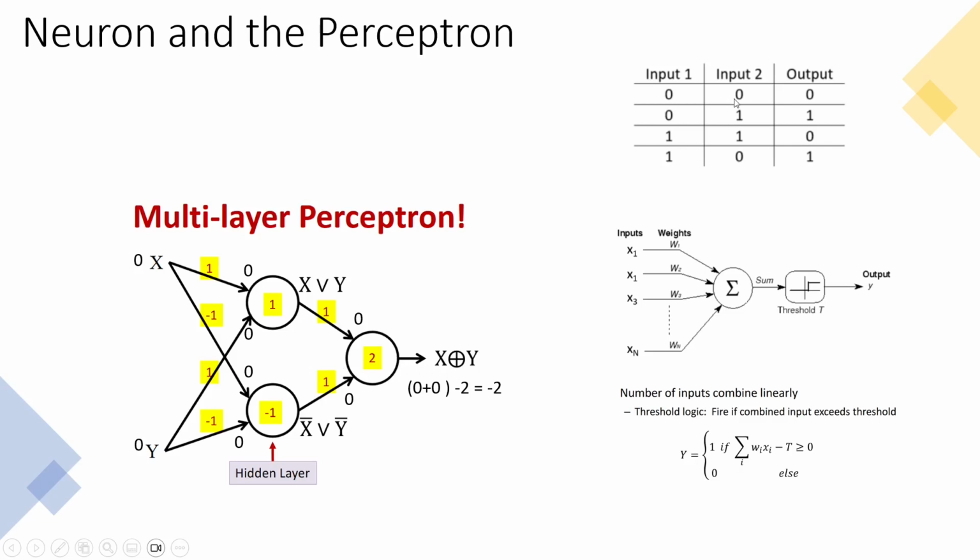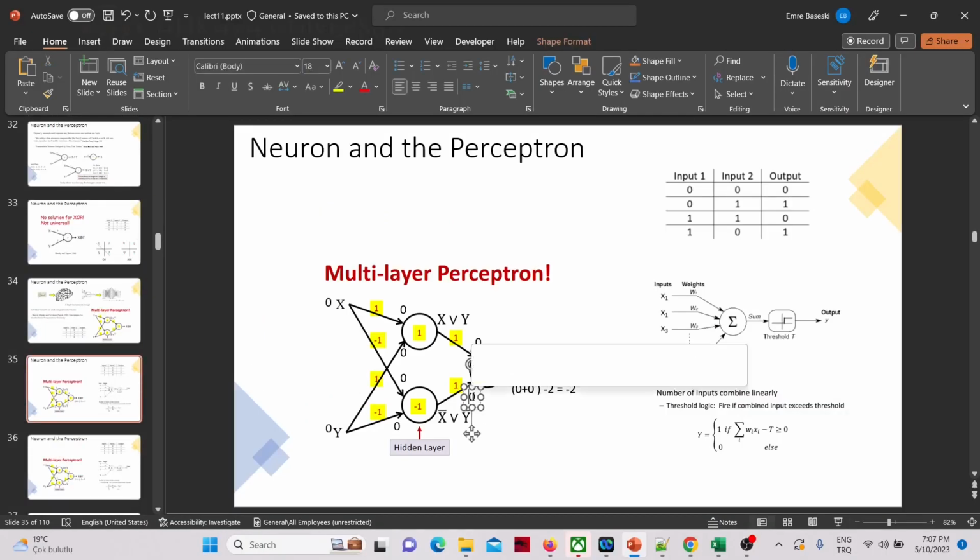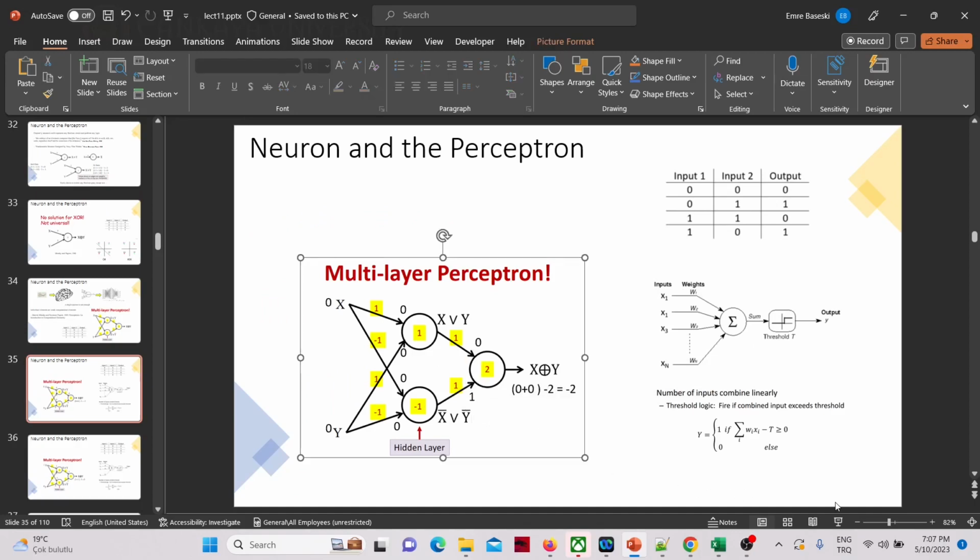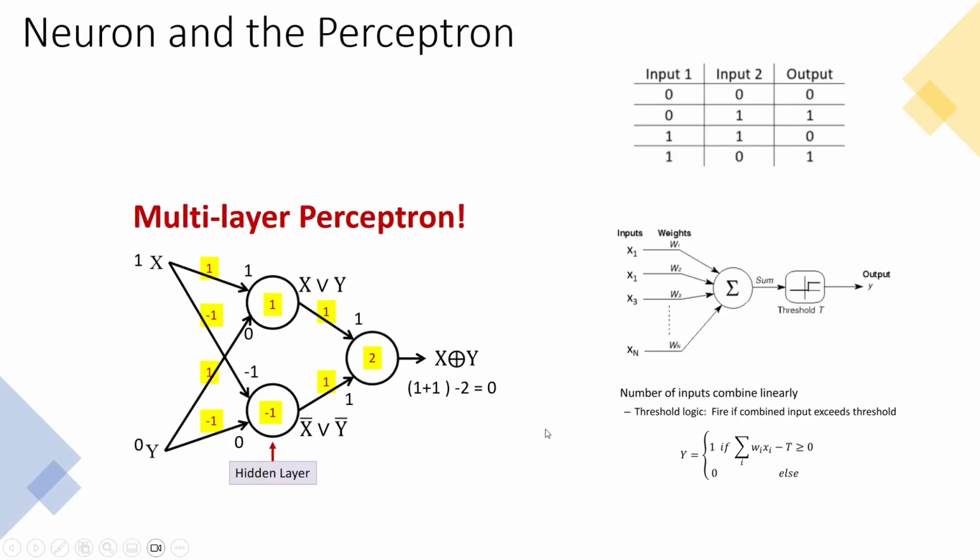Okay. So for 0 0 we will be having a 0. So this guy is supposed to be a 1. Let me change this. So when we have 1 0, as you see here, we should obtain a 1.